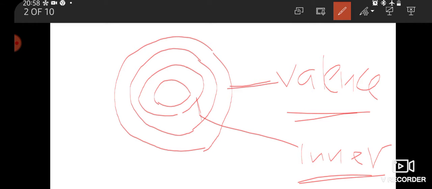When writing symbols, we only use the valence electrons. If only one electron is present in the outermost shell, then only one electron is represented around the atom.